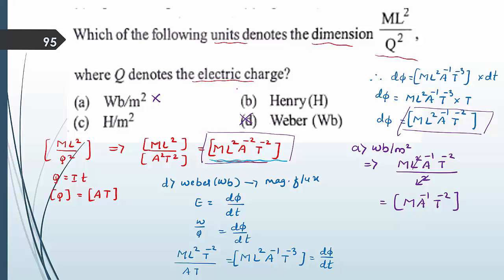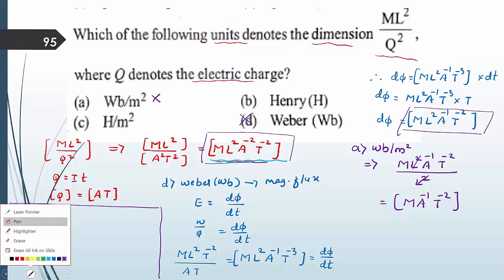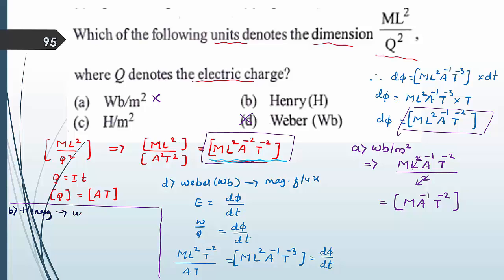Henry is the unit of coefficient of inductance. See here, I am going to solve option B in this place. Observe carefully. Henry is the unit of coefficient of inductance.